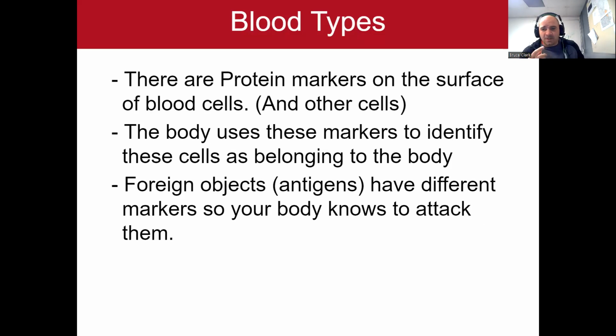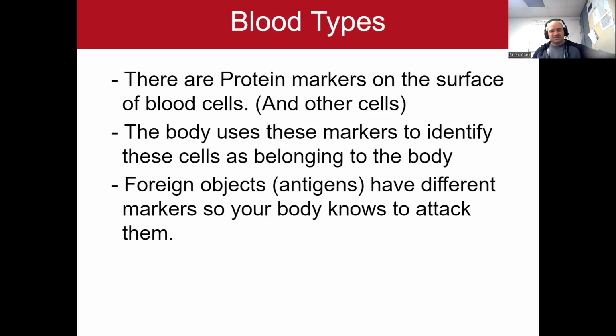We talked about this a little bit when we talked about cell membranes, that you have receptor proteins and identifier proteins in the cell membrane that tell your body, hey, this is one of your cells. This is a good guy. All of your body parts have this. Blood is just one that we tend to focus on, and it's one of the more obvious ones.